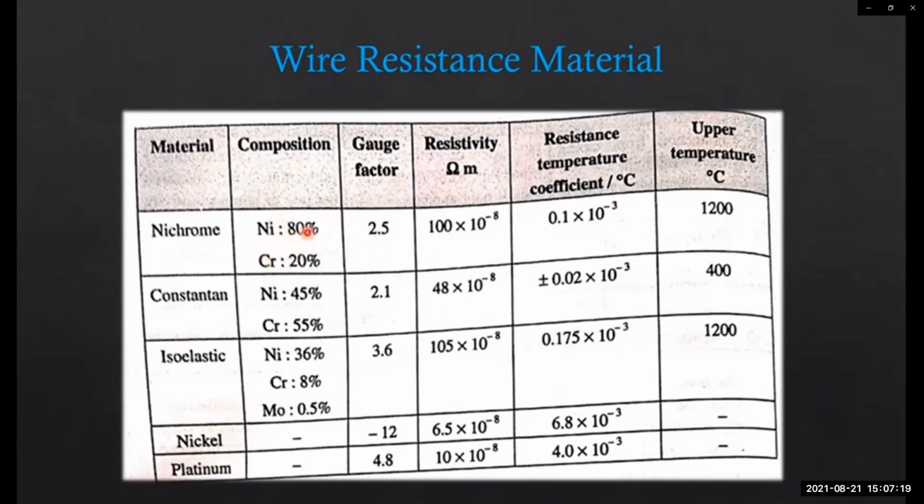So we are mixing 80% nickel and 20% chromium, and the gauge factor is 2.5. Its resistivity is 100 into 10 raised to minus 8 ohm meter, and here the temperature coefficient and upper limit temperature. Then constantan, then isoelastic, nickel and platinum. So these are different materials.